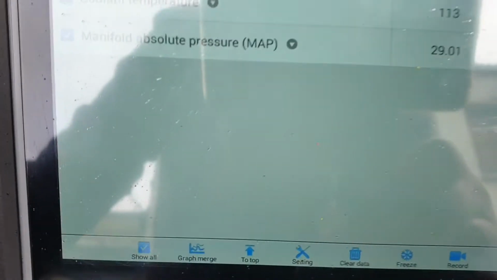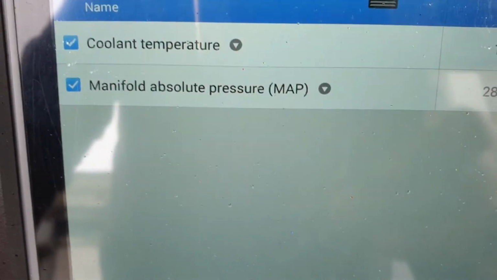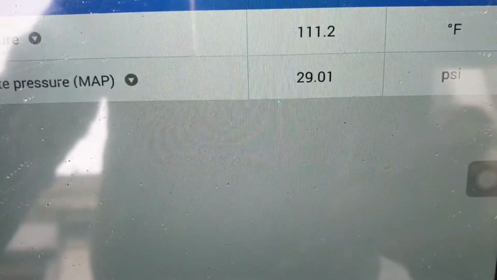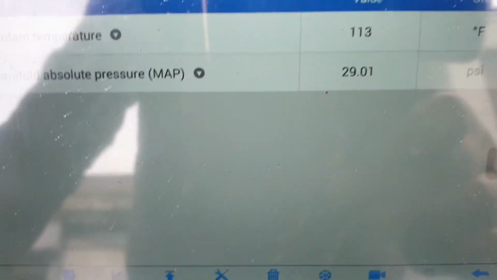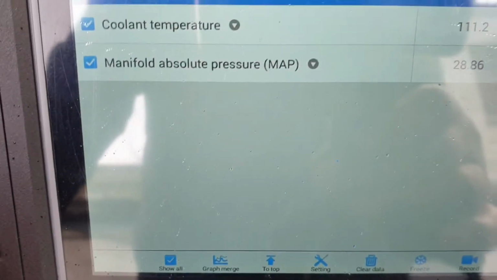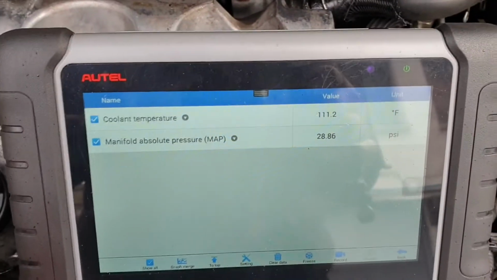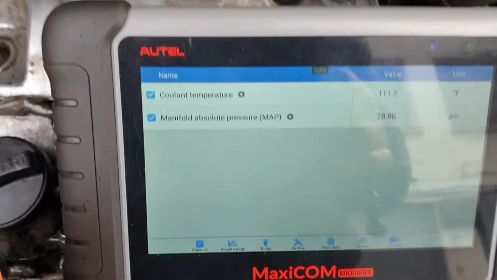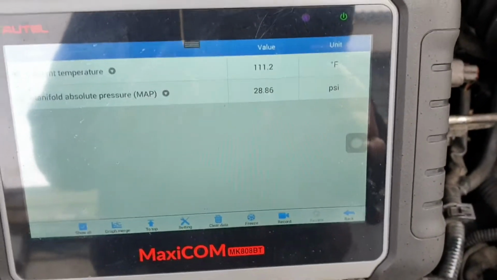And watch here, manifold absolute pressure reaches 29 psi. It means that our electrical system, our electric circuit for this, is okay. We have a problem somewhere mechanically.